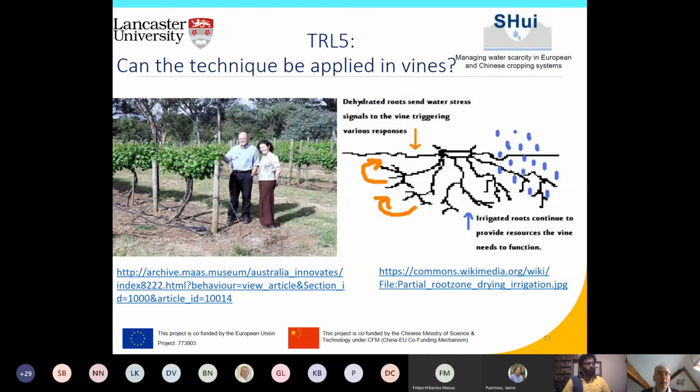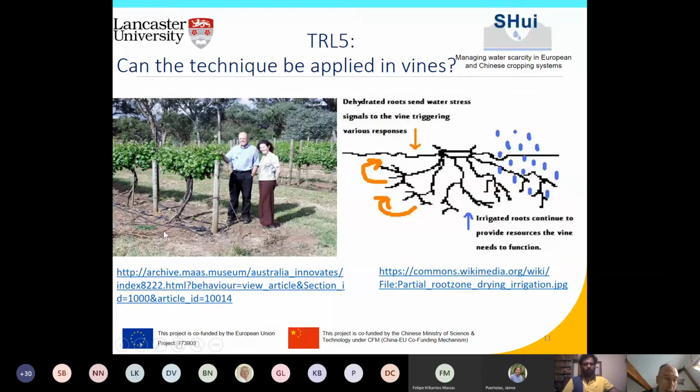Now, this particular technique was applied during the PhD studies of this gentleman here. This is the rather aptly named Peter Dry, who was working with Brian Loveys at the time. And this is another of the students who was involved in the work. And this is one of their original vineyards with partial root zone drying.